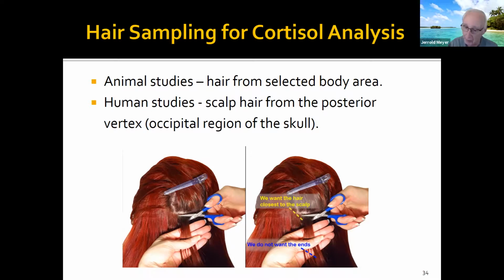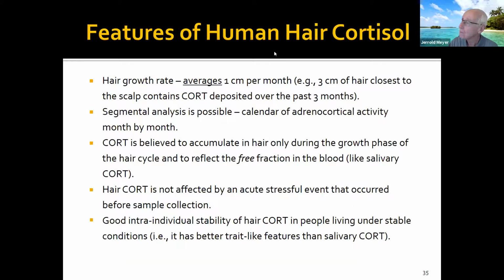But anyway, what we want to know is what are the features of hair growth in people. The hair growth rate, and this has been shown empirically, averages about 1 centimeter a month. Now, it's really important to say average because it can vary in the same person.